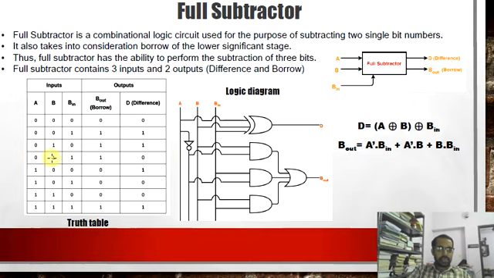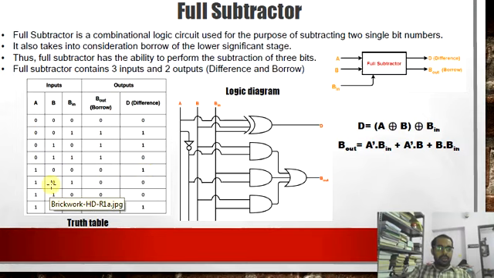Here 0 minus 1, so you need to borrow, borrow is 1, and 10 minus 1 is 1. Again you are subtracting 1 minus 1, so the difference becomes 0, but there is a borrow. In this case 1 minus 0 is 1, minus 0 is 1, so the difference is 1, there is no borrow used.